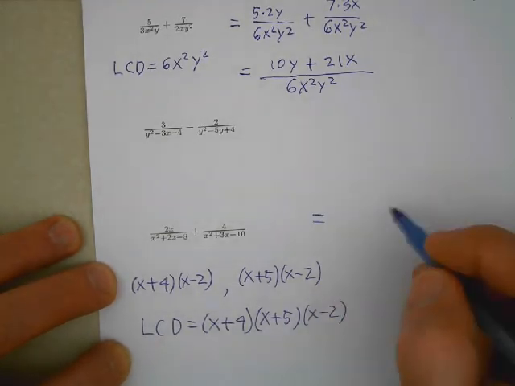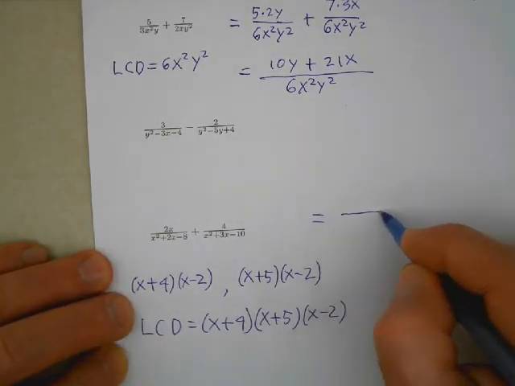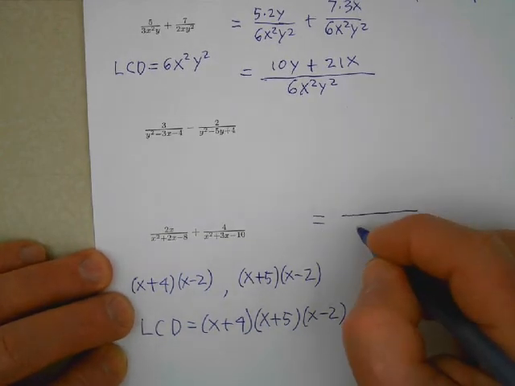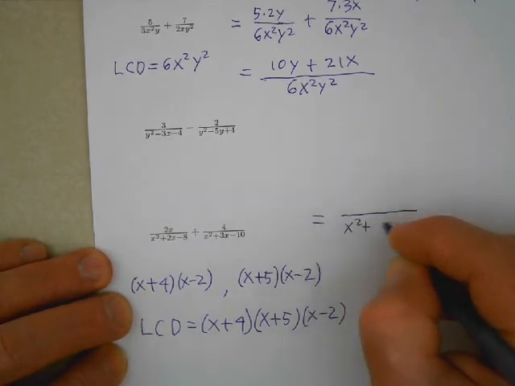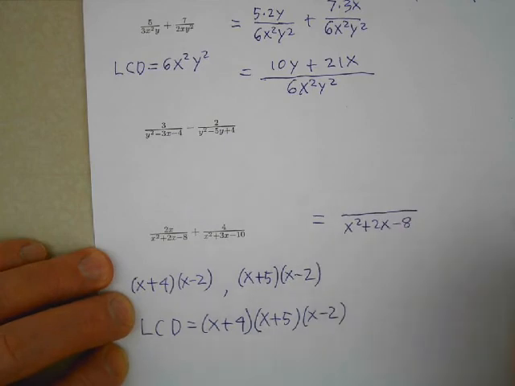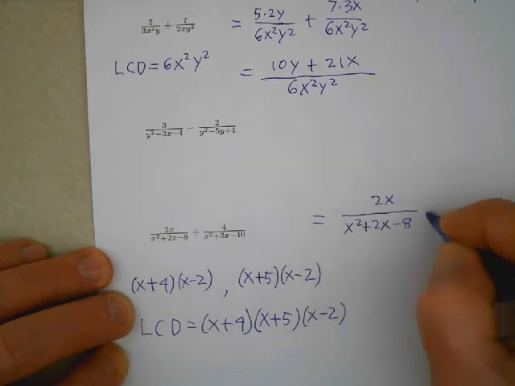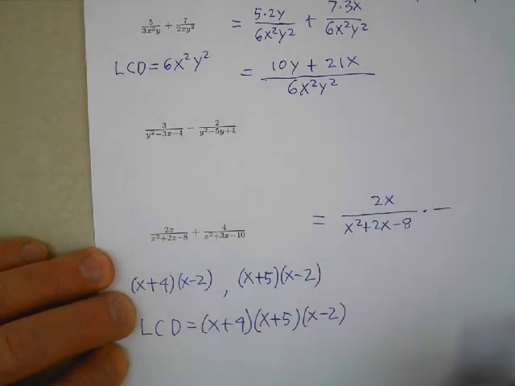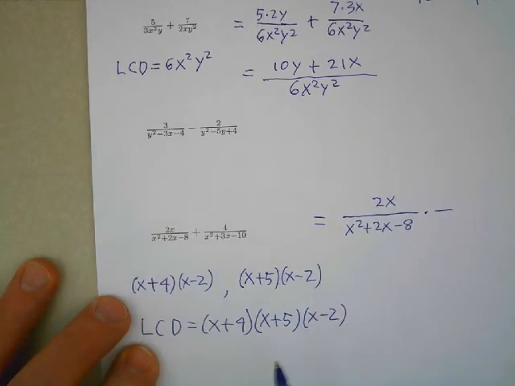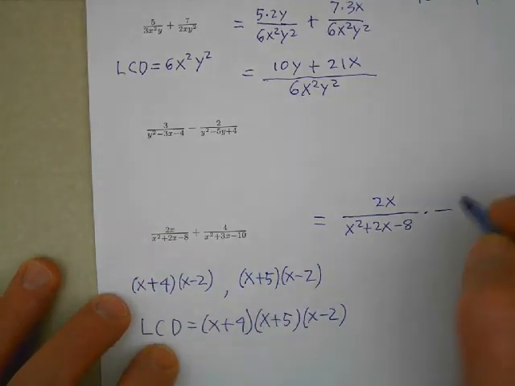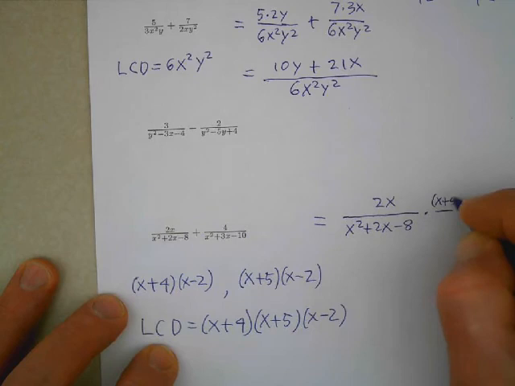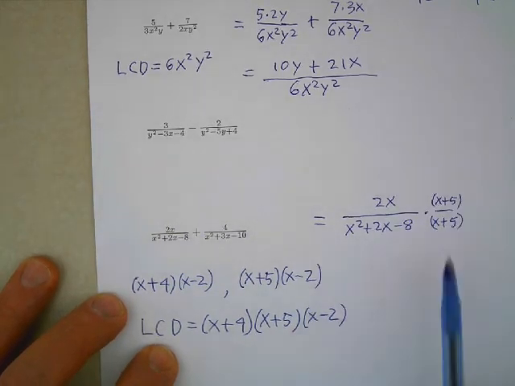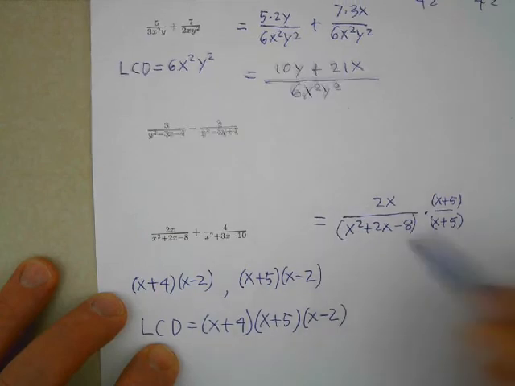So what we have to do in this one, this denominator, x squared plus 2x minus 8, and then the numerator is 2x, we would have to multiply by 1 in the form x plus 5 over x plus 5, because x plus 5 is the factor missing from this denominator.